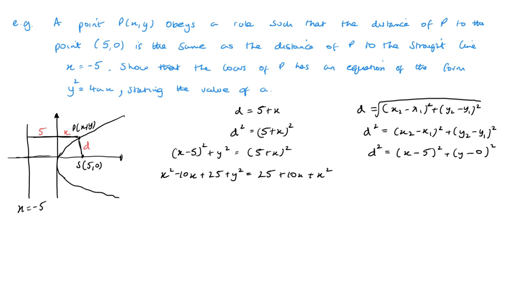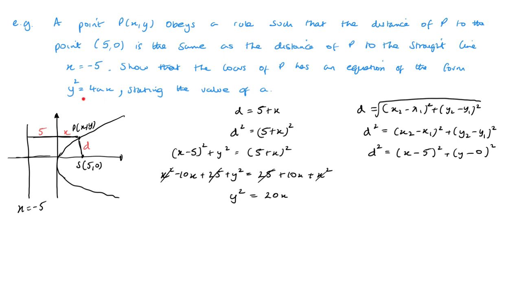Now, the x squareds will cancel. The 25s will cancel. So I've got y squared, taking the negative 10x to the other side, we'll add it on, giving me 20x. So y squared equals 20x.